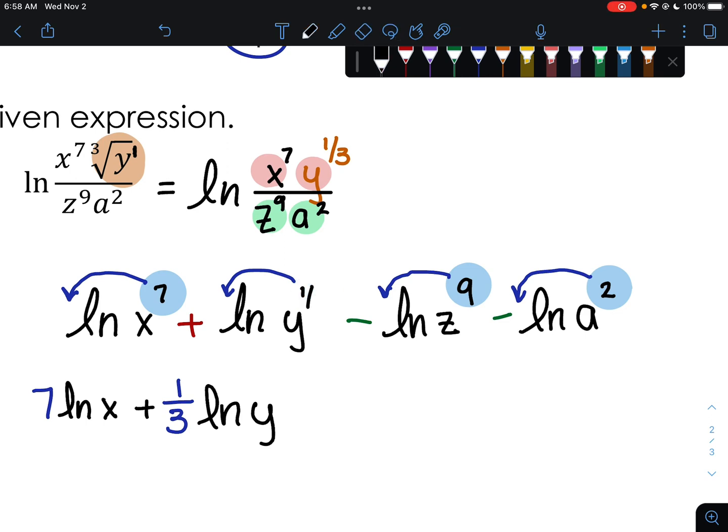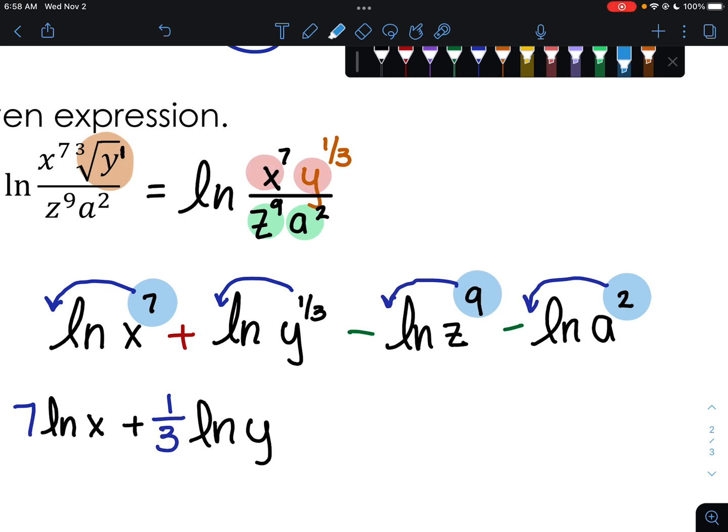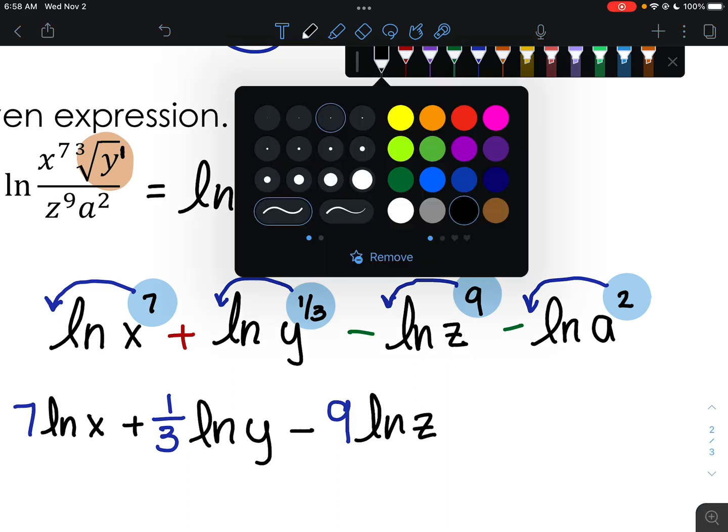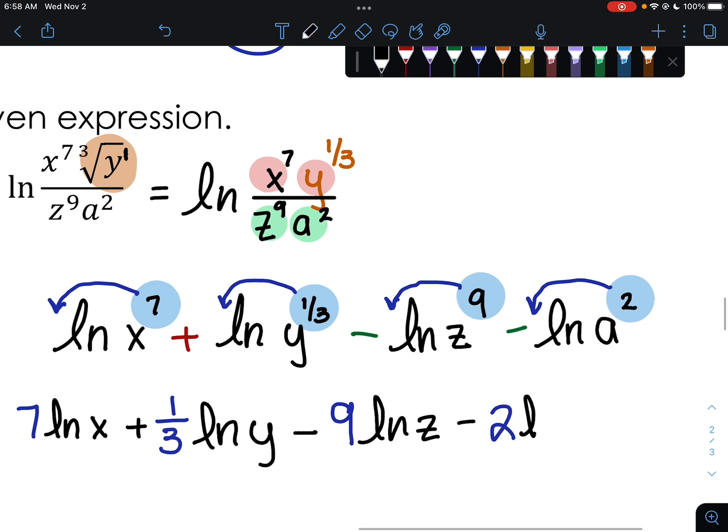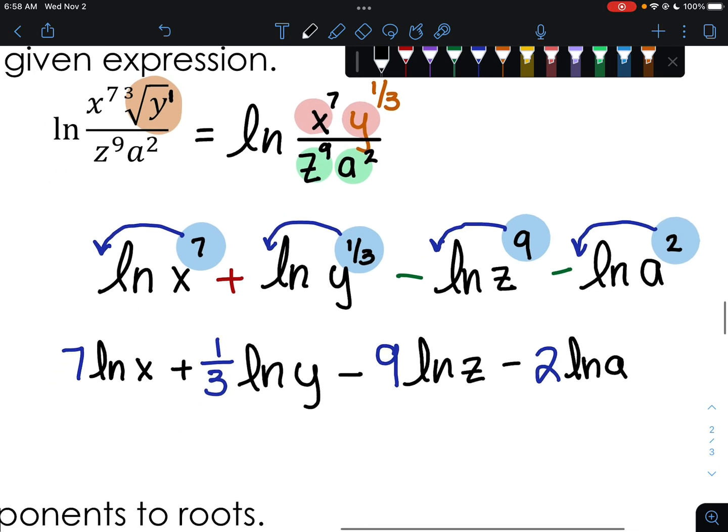So it should be a 1/3. There we go. Minus 9 natural log of z. Minus 2 natural log of a. So that's completely expanded right there.